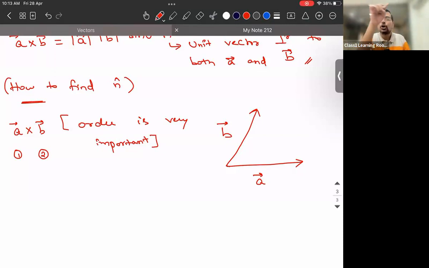The one which is horizontal is taken to be A vector. Keep it the way I drew it in the diagram. A vector to your left. Correct. Sai Shankar, show me.